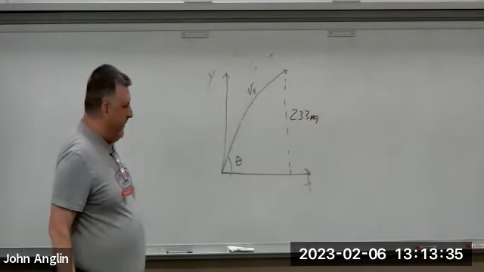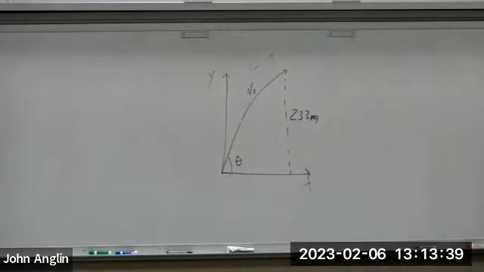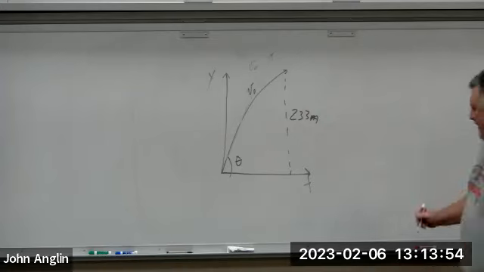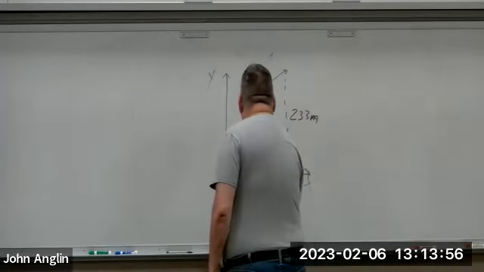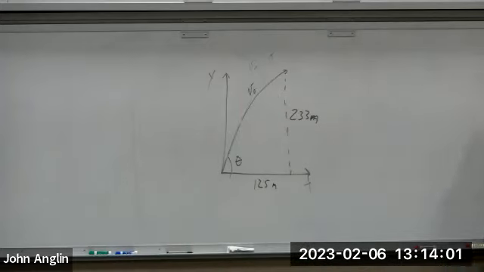That's 233 meters. We know that if we look downrange from wherever we launch this thing, the distance along the ground is going to be 125 meters.